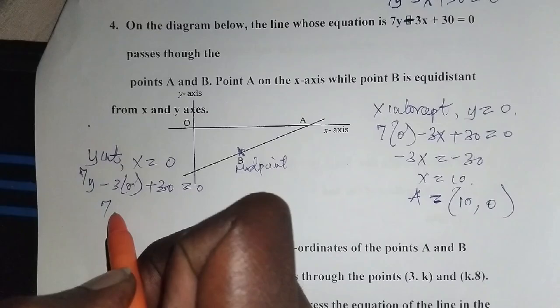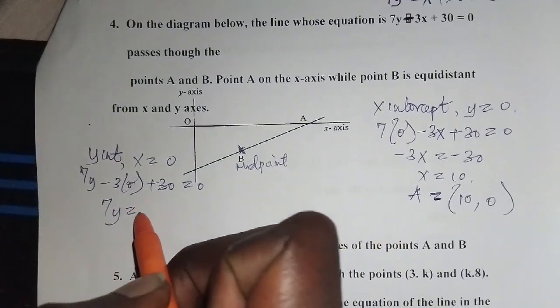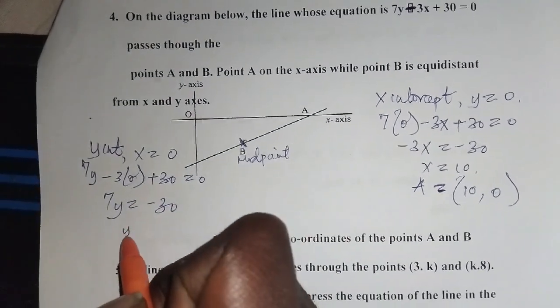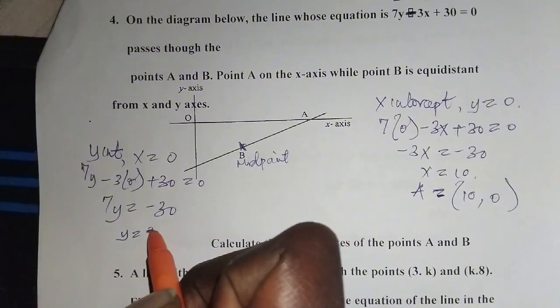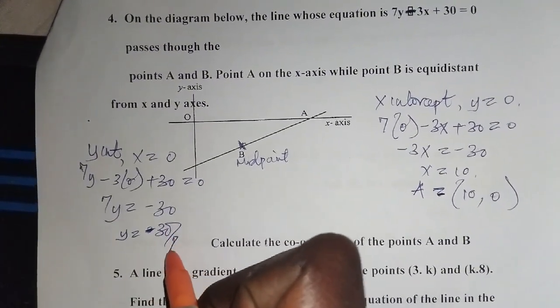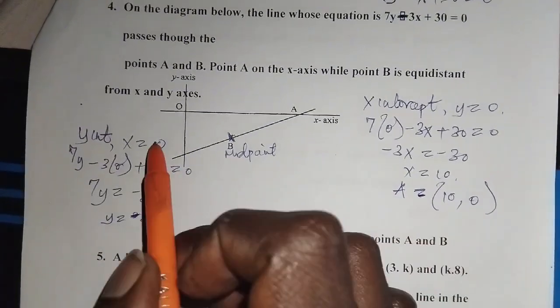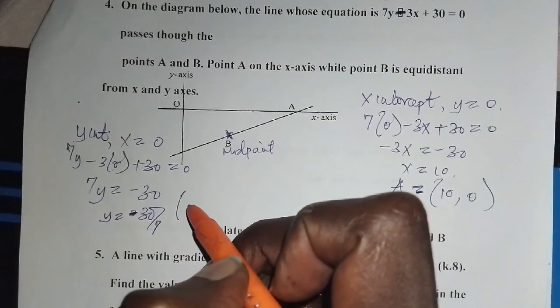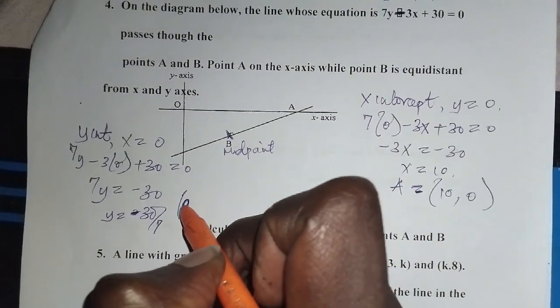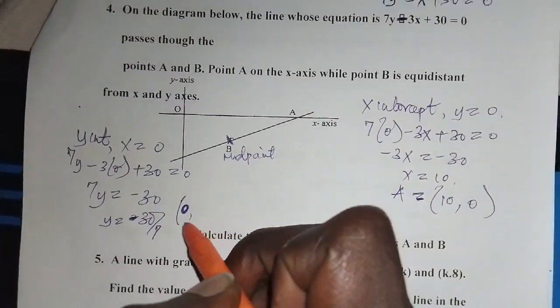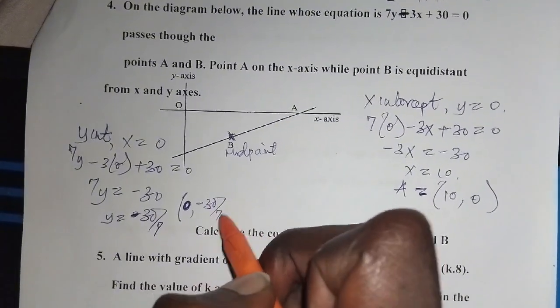So you'll have 7y equals negative 30, so y will be negative 30 over 7. So the coordinate is x is 0, then y is negative 30 over 7.